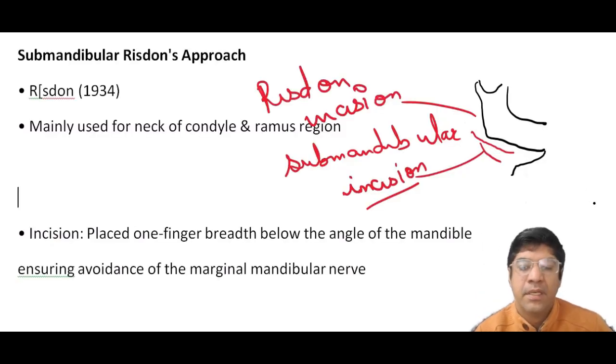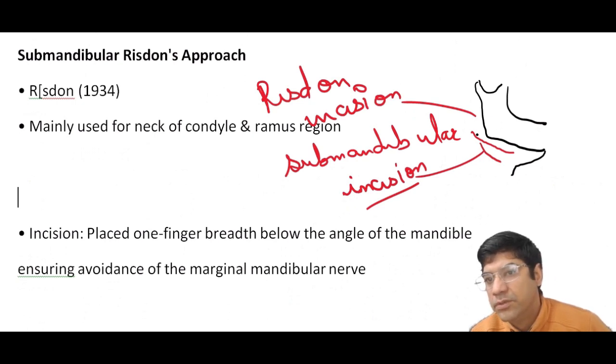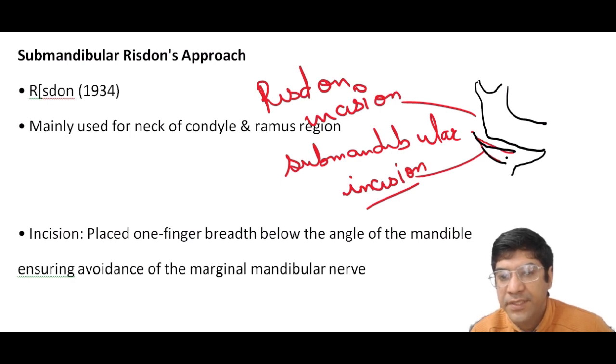The other is the submandibular approach, also known as the Risdon approach. So this incision is the submandibular. These methods involve an incision around 1 centimeter below the angle of the jawbone, and it moves forward, running parallel to the lower edge of the jawbone and curves slightly backward behind the angle.